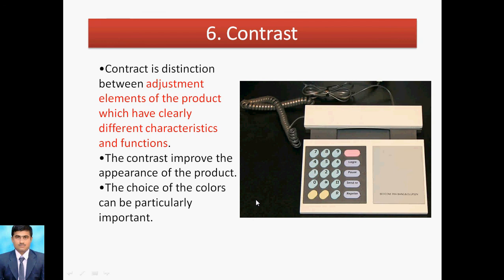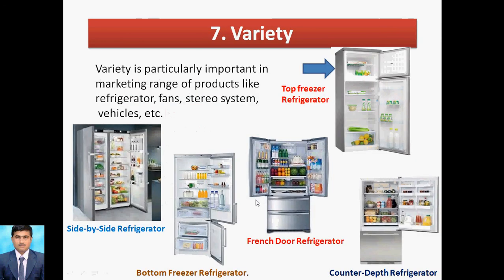Contrast is important. The next is variety. Variety is an important factor. Nowadays it is available for different products like refrigerators, fans, vehicles, and stereo systems. We can take the example of the refrigerator. Nowadays different types are there. The top freezer refrigerator has the freezer at the top side. In the side-by-side refrigerator, the freezer is at the side. Then the bottom freezer, where the freezer is at the bottom.